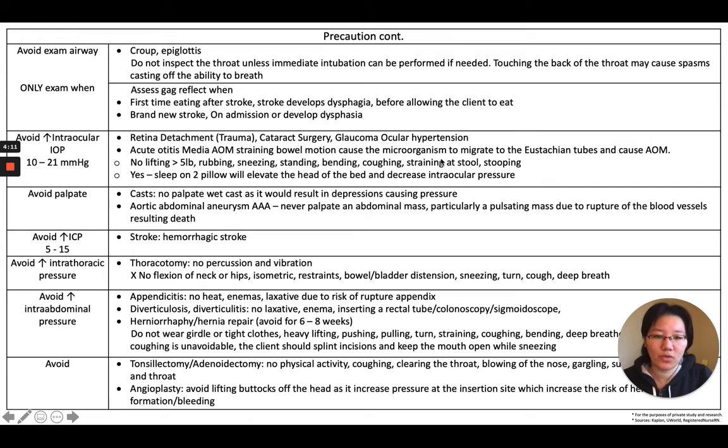What we want to avoid is straining during bowel motion, because it will increase intraocular pressure. So we need to notify the doctor for prescribed medications to help the bowel motions. Here are the things you can do. So add notes to it as you summarize or as you encounter sample questions.